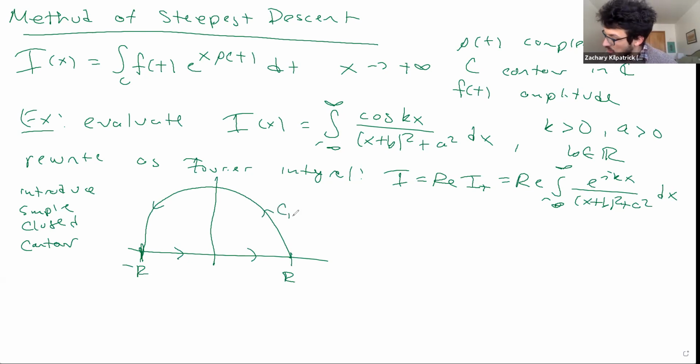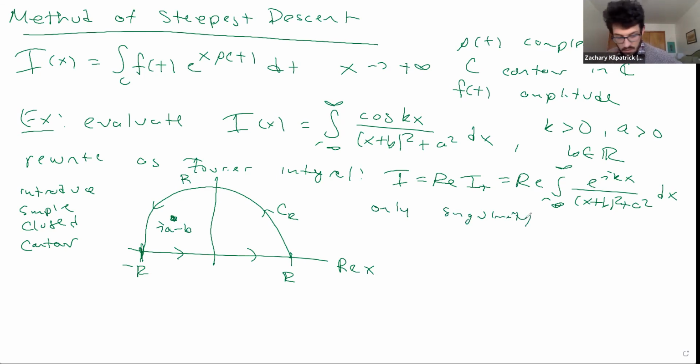We'll call this part of it C_R, the arc of it. This has radius R here, and we have a pole for our function that lives inside of this contour as long as we make R large enough.